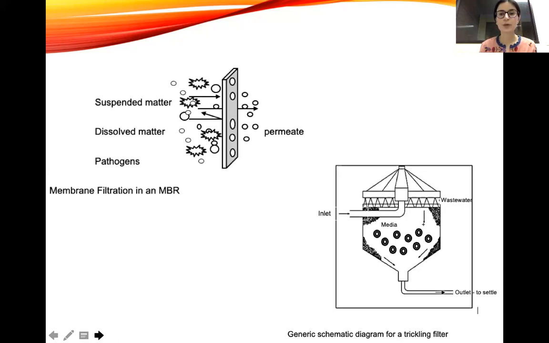And so these two technologies: one is a not very advanced form of treatment for wastewater, called a trickling filter. It's as simple as putting certain media. You know, when we saw the sands and gravels, we used to filter water through them to make sure that whatever suspended particles were present in the water could be filtered.